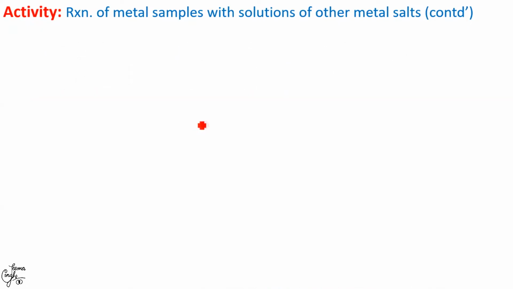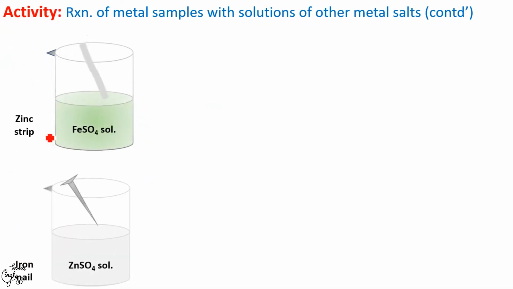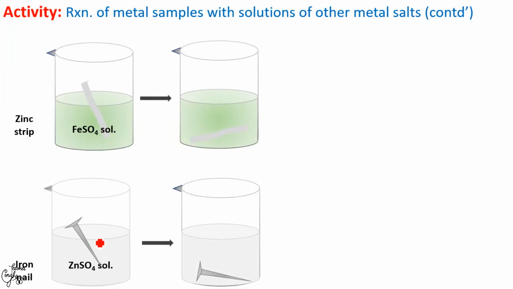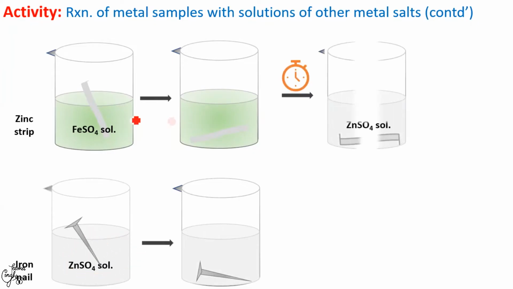Taking one last example, say that of zinc metal and iron metal and dipping them in light green color ferrous sulfate and colorless zinc sulfate solutions respectively. We will observe that zinc displaces iron from its solution, turning it colorless. Also, the displaced or precipitated iron deposits around the strip of zinc metal.